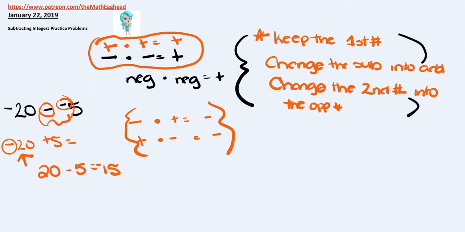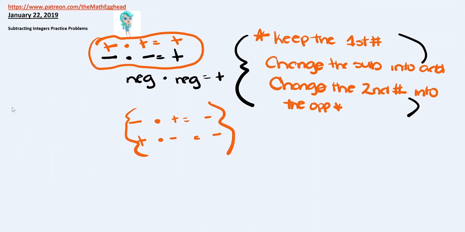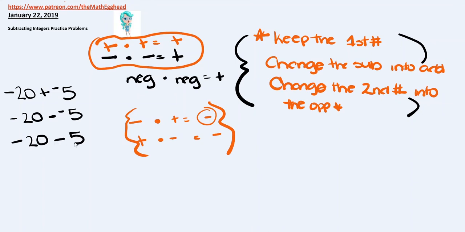Let's try another one here. Let's try the same numbers, but in a different pattern. Try something else. Let's try negative 20 plus negative 5, negative 20 minus negative 5, negative 20 minus 5, and let's say negative 20 plus negative 5.